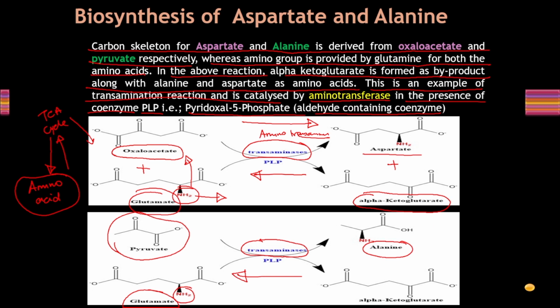But if there is a requirement of alanine, then it is going to run in this direction. So these are the reactions which connect carbohydrate metabolism and protein metabolism, and that's how they keep a fine balance between the biosynthetic pathways and the catabolic pathways.